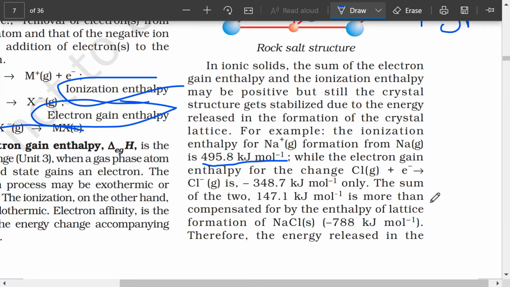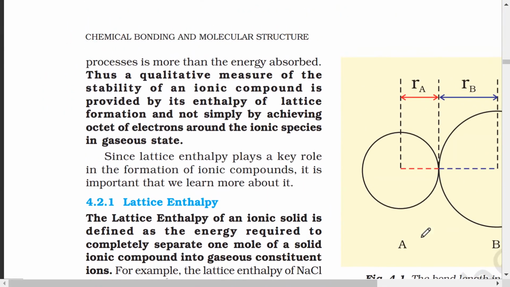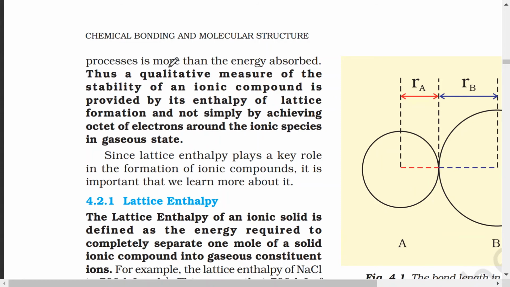The sum of the two is 147.1 kilojoule, more than compensated for by the enthalpy of lattice formation of NaCl, minus 788 kilojoule per mole. Therefore, the energy released is more than the energy absorbed.